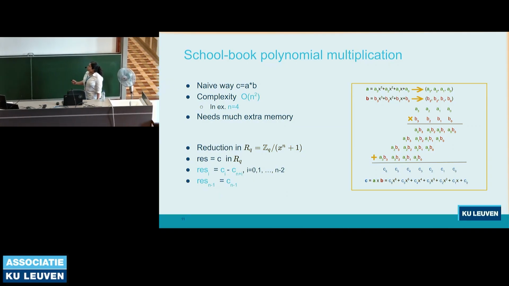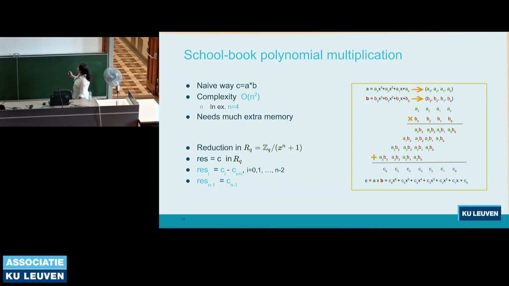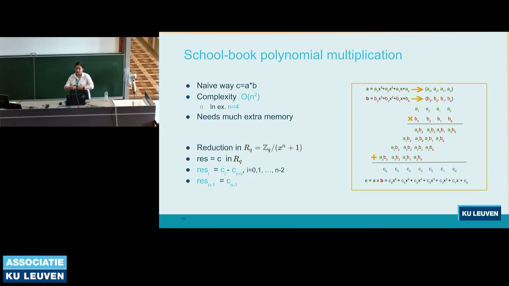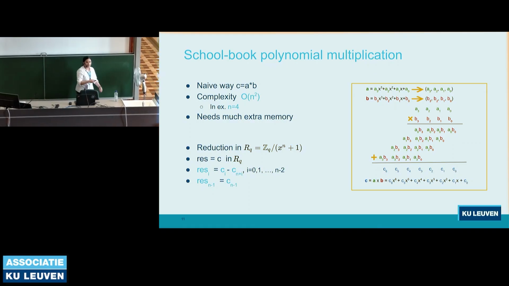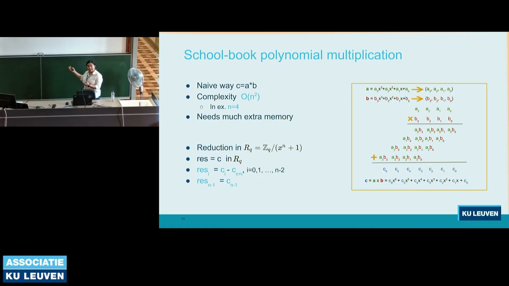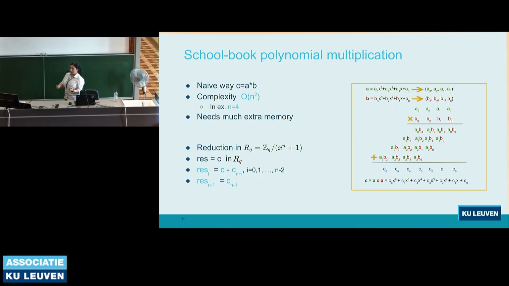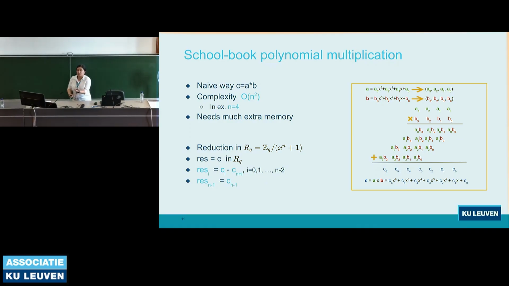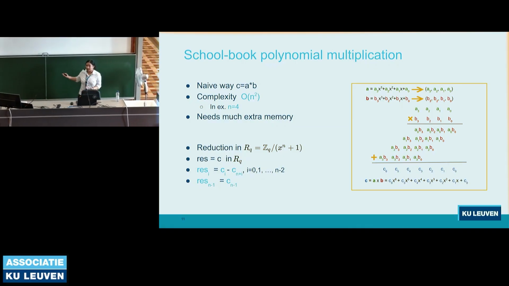We have to do this reduction after we generate this resultant polynomial, because we want to stay in that ring. OK, this is about schoolbook multiplication. It can be used in many schemes when our n is very small. When our n is small, it's very efficient, actually.